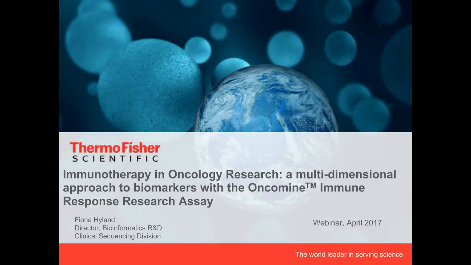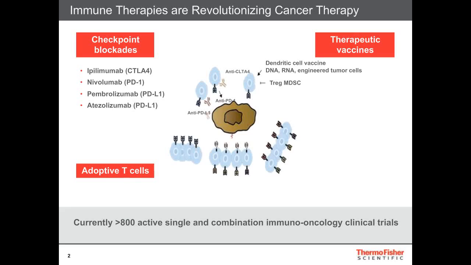Hello, everybody. I am going to talk to you today about the Oncomine Immune Response Research Assay and, more generally, our multidimensional approach to discovering and using biomarkers for immunotherapy in oncology research. So we all know that immune therapies are revolutionizing oncology research.